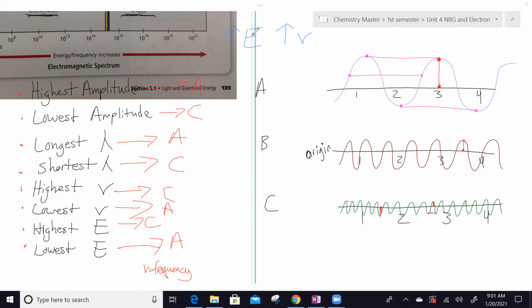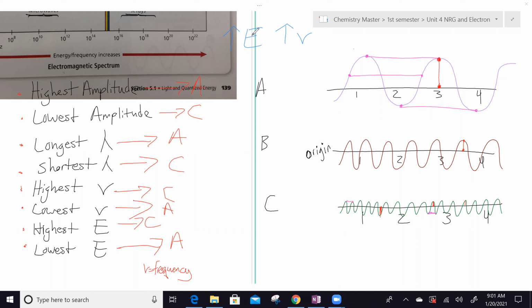Again, one of the things that I want you guys to really understand is there's a connection with all of these. If you notice, for instance, A had the longest wavelength, but it had the lowest energy and the lowest frequency. When we get ready to test this, I'll ask you about the relationship between energy and frequency and wavelength.